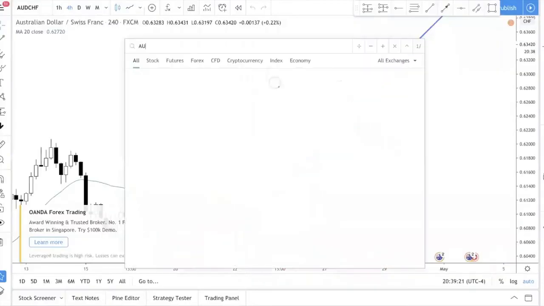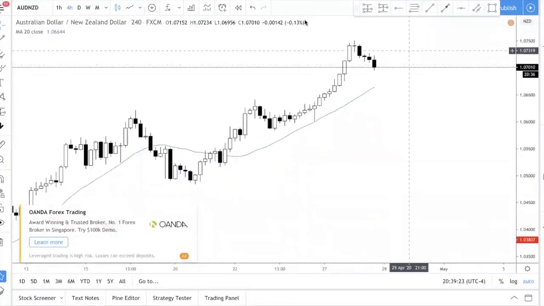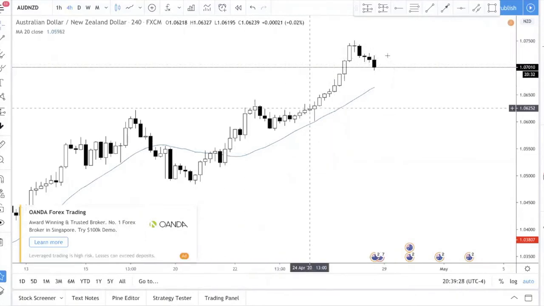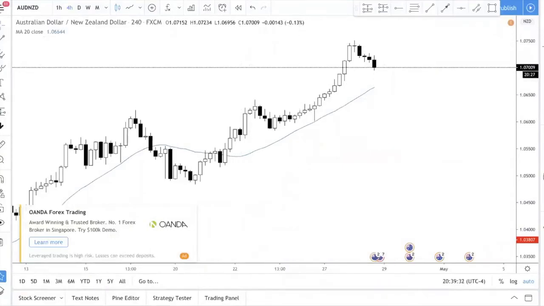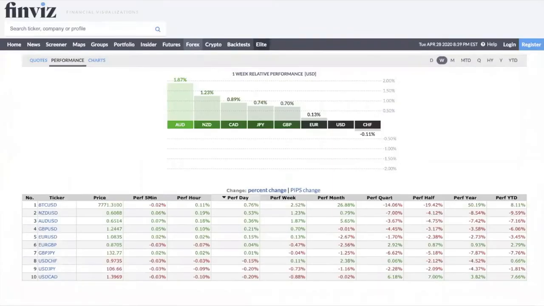You won't have very nice movement. One thing to know is this is not foolproof, but it's a good indicator, especially if you are new and you need a good indicator of what currency pairs to trade. Then you want to look at this tool.